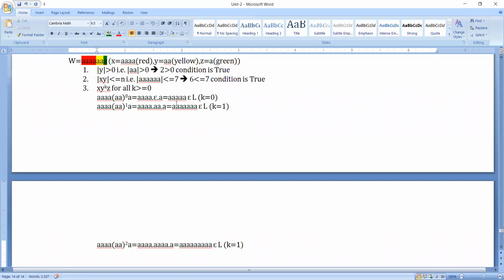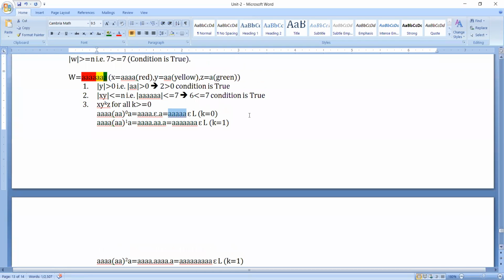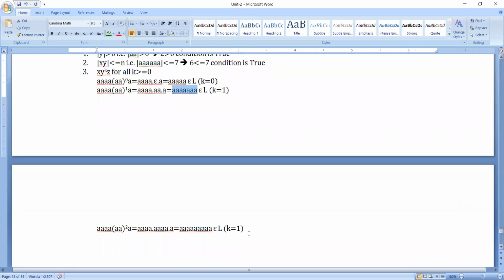Now please check, the 5 a's belong to L. Why? Because we have taken the language such that my language should consist of a prime number of a's. And the next one, 7 a's, is also available. But what about this one? 9 a's. Now tell me whether 9 is a prime number or an odd number. 9 is an odd number. It is not a prime number.